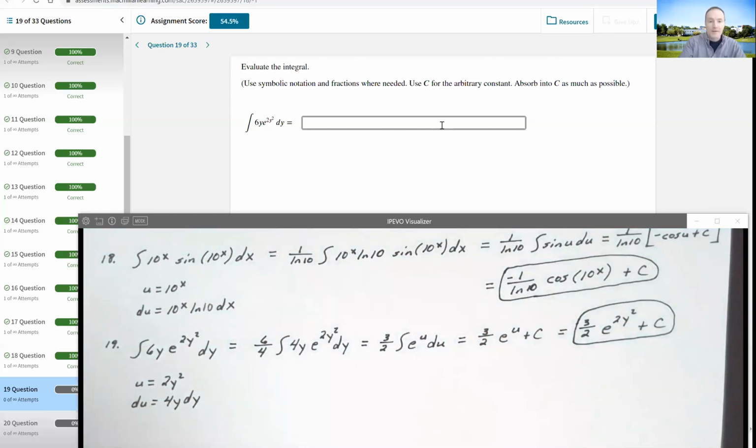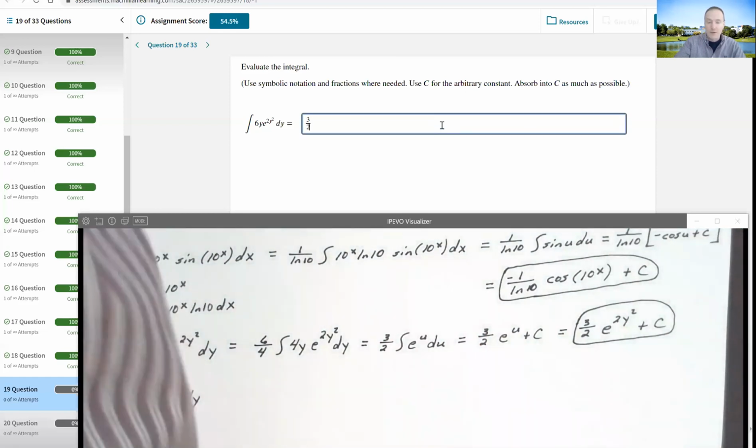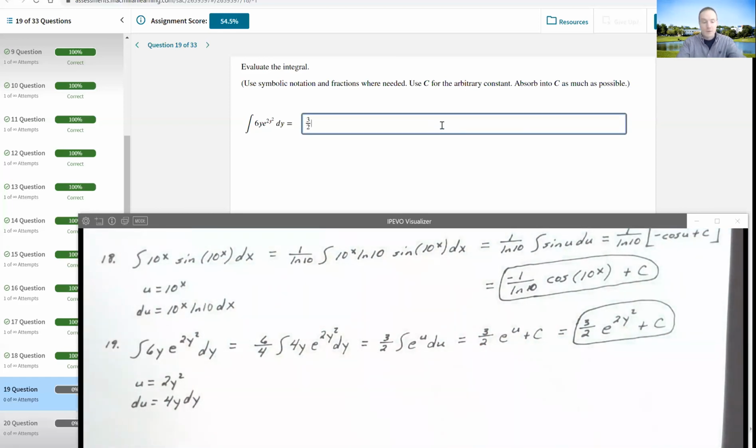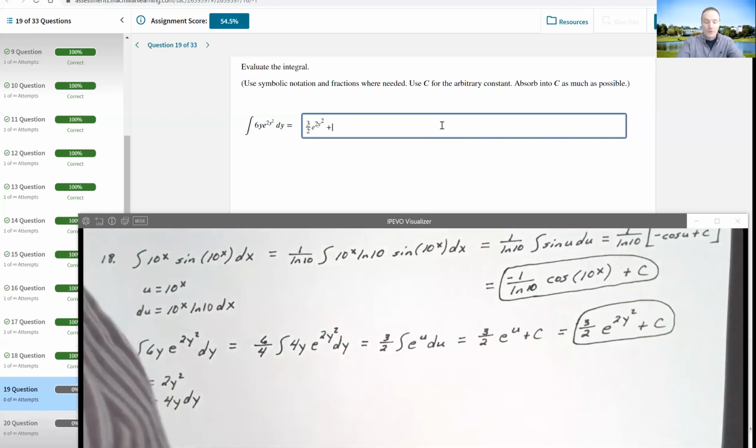We'll try that for our gorgeous final answer there: 3 over 2 times the exponential function e raised to the 2y, and then the y is raised to the second power. And we'll say plus our constant of integration there.